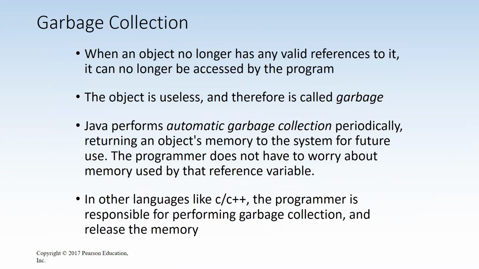And I already talked about this. In Java, you do not have a memory leak. In C++, you will have a memory leak, because if you declare a pointer and you do not delete it, you are not reclaiming the memory, and that memory is always being used.